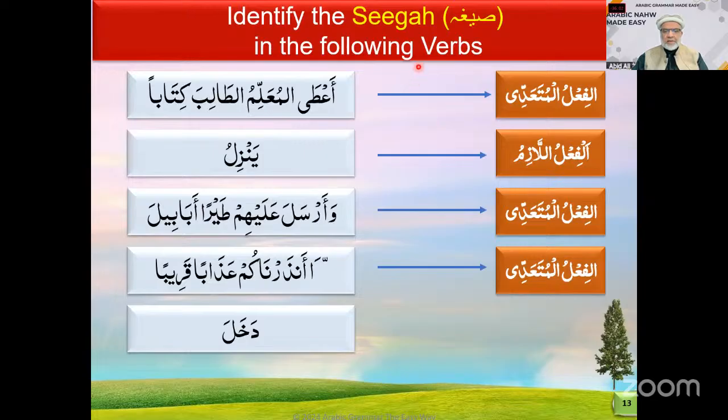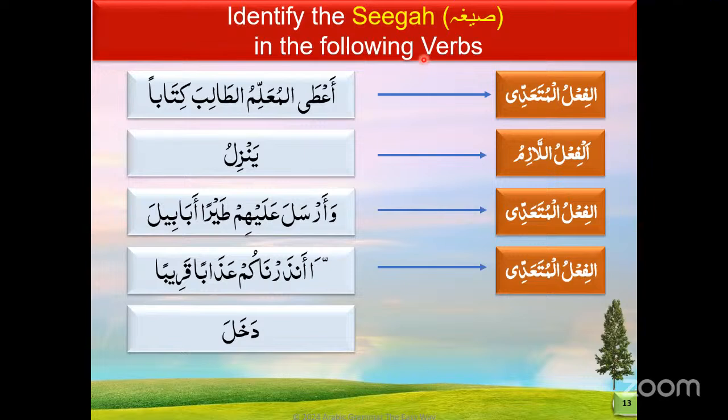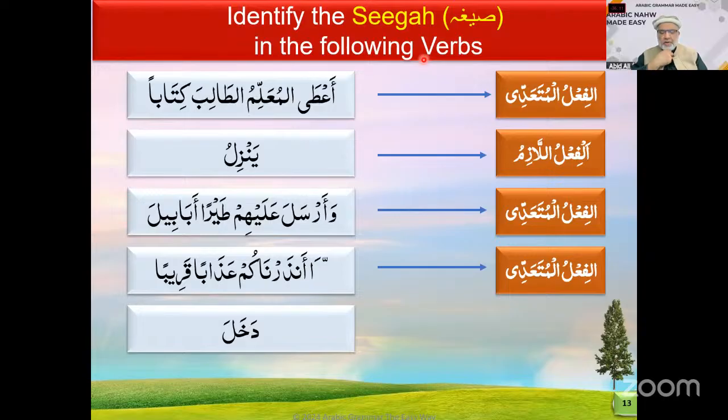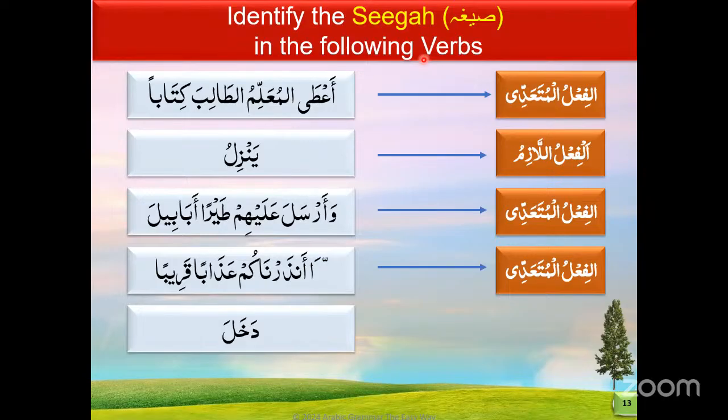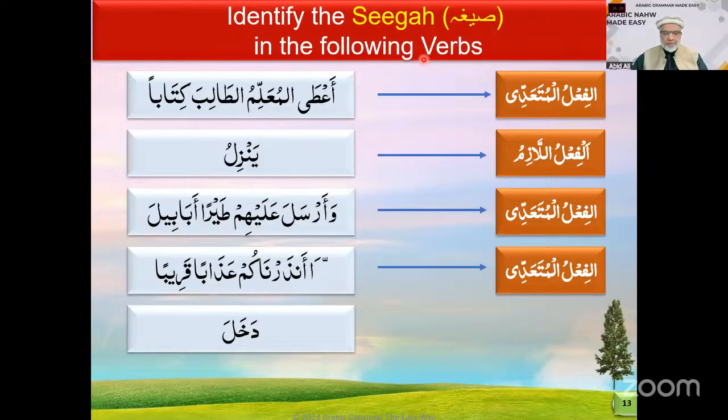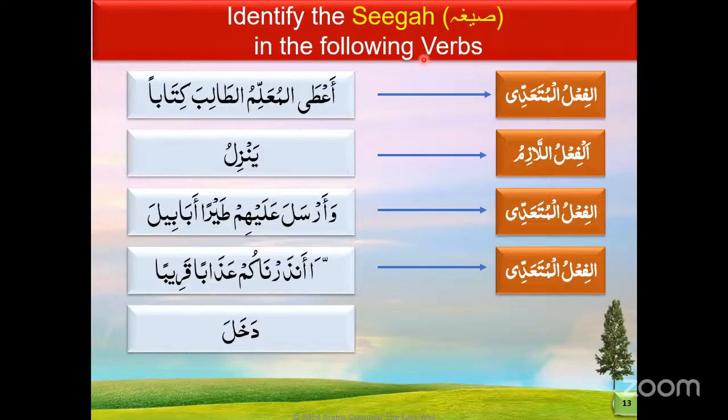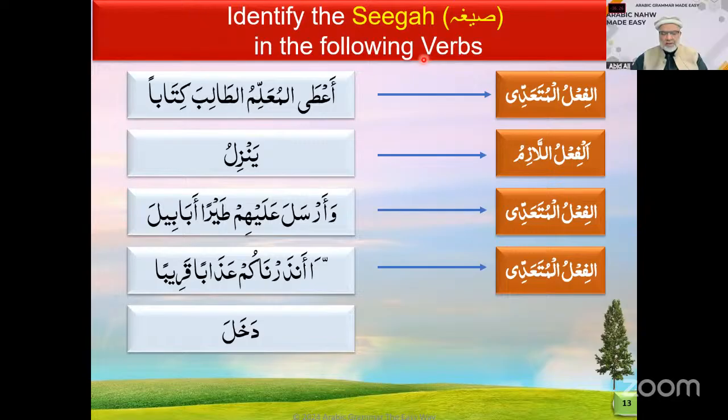Okay, Sister Asia, dakhala, fi'lul lazim or fi'lul mutaaddi? Fi'lul lazim. Very good. Is it Thulathi Mujarrad or Thulathi Mazeed? The 3 root letters. Thulathi Mujarrad, right? Yes. Do you know who's the subject in this, dakhala? The subject is huwa.